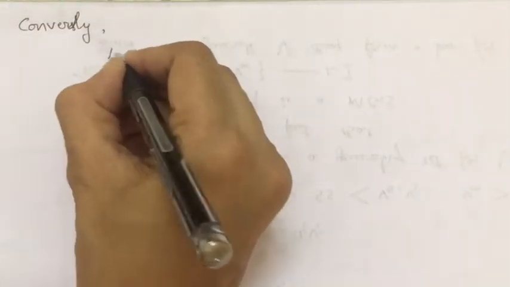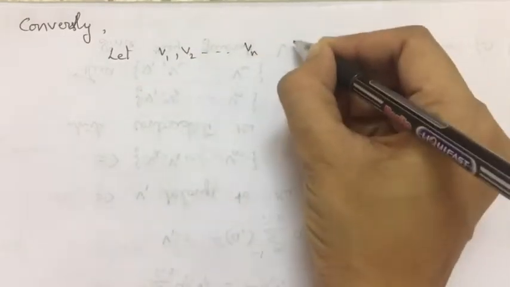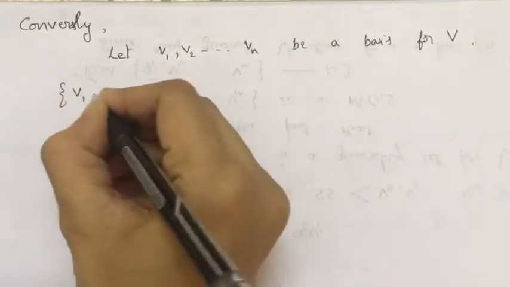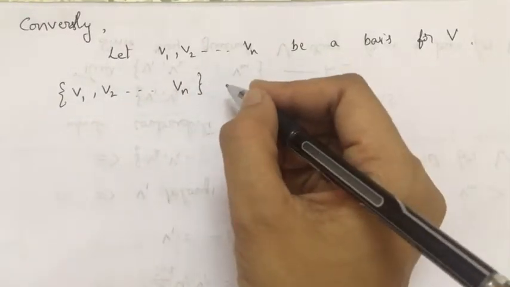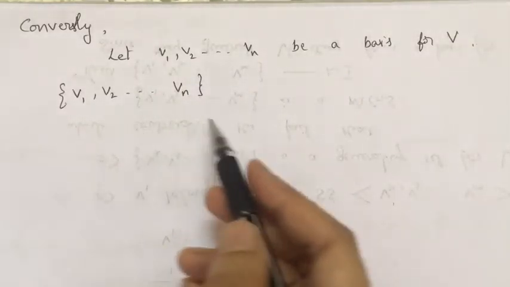Conversely, let the set of vectors v1, v2, vn be a basis for the vector space V. Okay, and I'll take the set of vectors v1, v2, vn. It's a generating set, but I'm taking it as not a minimal generating set.